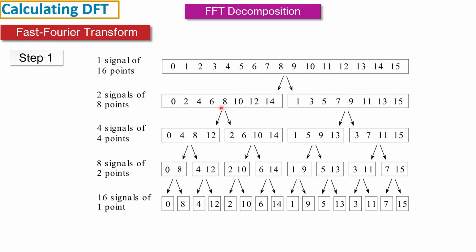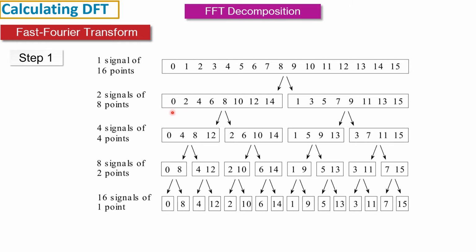Then on this next stage, each of these is further divided or decomposed into two more signals in a similar fashion, even in one and odd in the other one. So now here these samples are 0, 1, 2, 3, 4, 5, 6 and 7. Now the numbering has changed. Now these no more represent the original sample numbers.